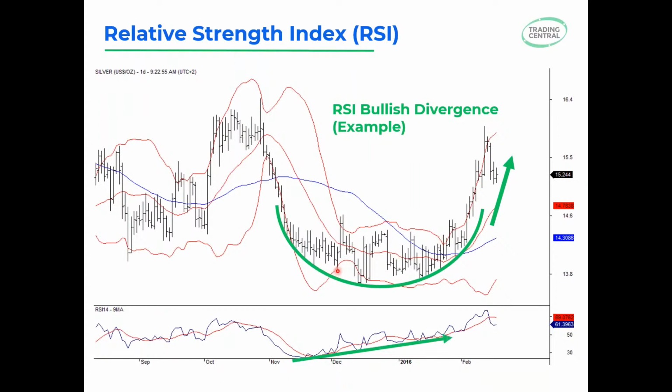I repeat, the price of the asset, maybe the price of the stock, the commodity, silver, or an index, is going nowhere. But the RSI is rising. It is a bullish signal. We call it bullish divergence.